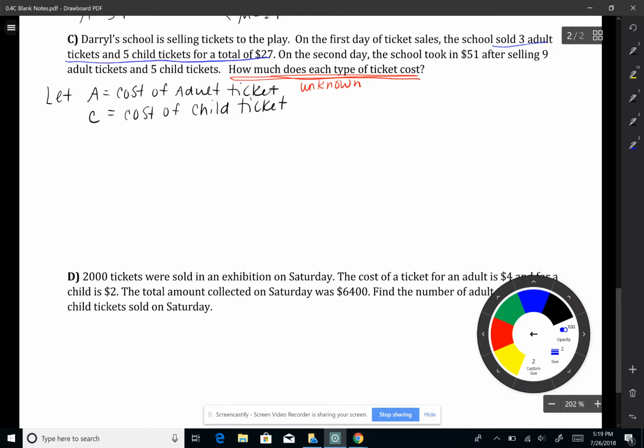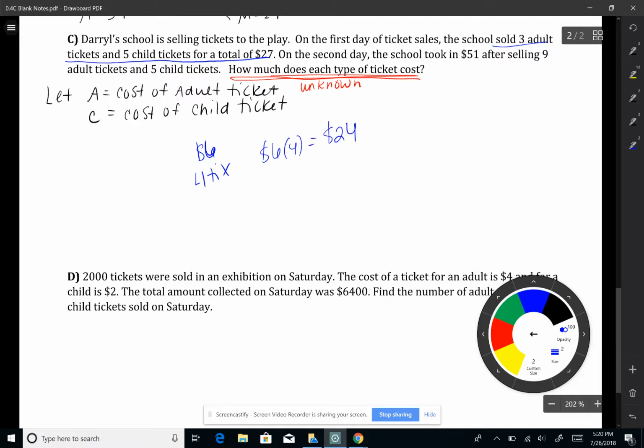Now keep in mind that we know the number of tickets is given to us while our cost is our variable. And think about this. Let's say we knew that the cost of a ticket was $6 and we sold 4 tickets. To find how much money we make, we would just take $6 times 4, right? That's 24 bucks.